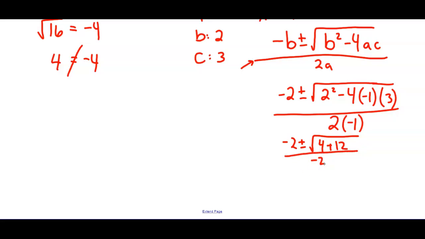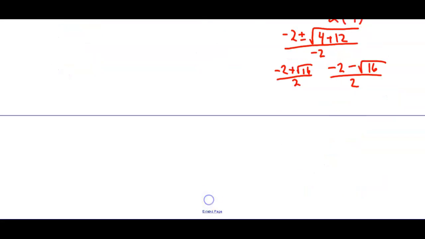Okay, 4 plus 12 is 16. So I've got -2 plus the square root of 16 over -2, and I've got -2 minus the square root of 16 over -2. And I know that that's 4. So I've got -2 plus 4 over -2.